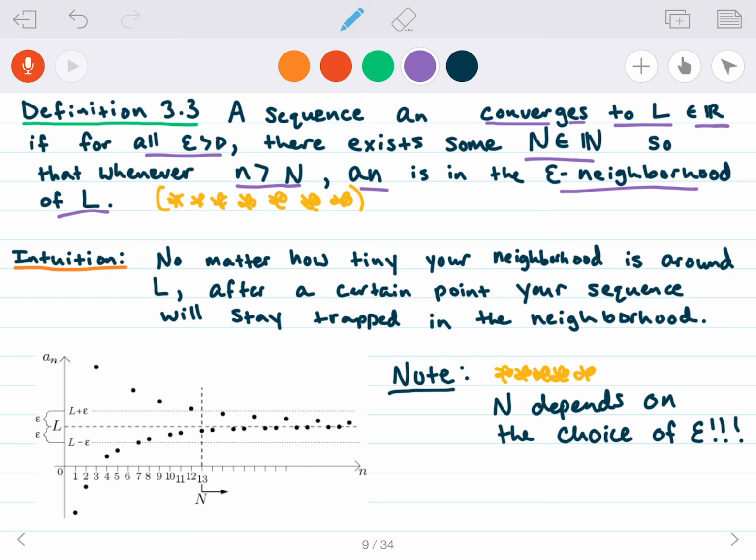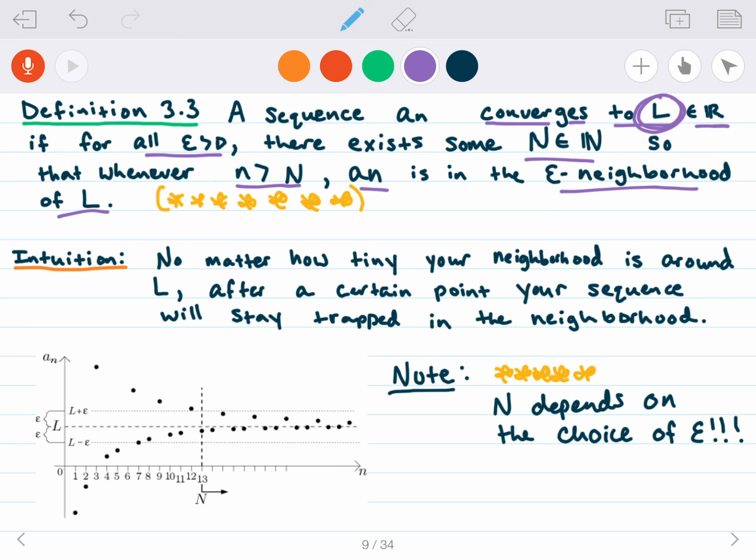We have this sequence, and we want to say rigorously what it means for the terms in the sequence to get closer and closer to this number L, and eventually stay really close to L and never stray off. So let's dissect this definition.